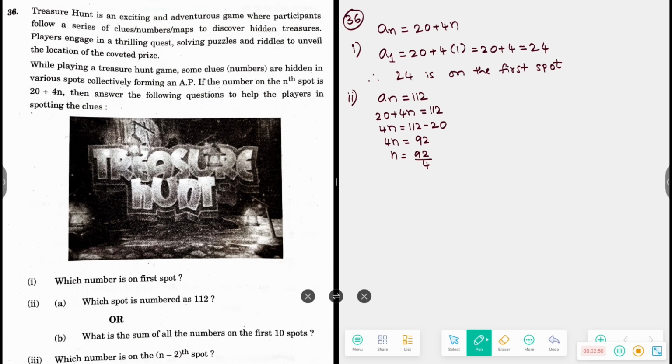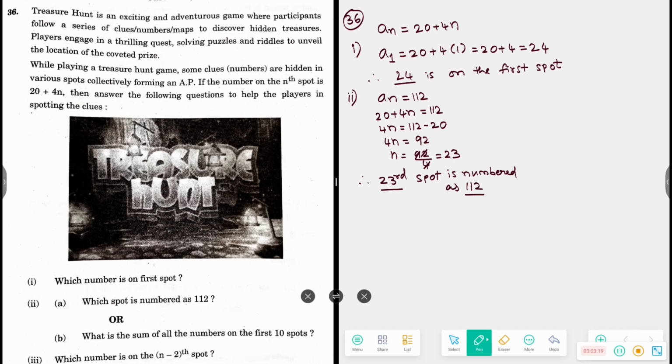After cancellation we get 4 2s are 8, 4 3s are 12, so it is 23. So what is the conclusion? The 23rd spot is numbered as 112. This is the answer.